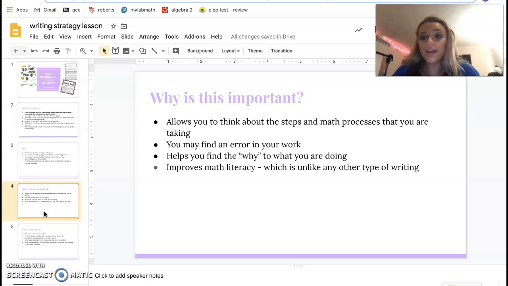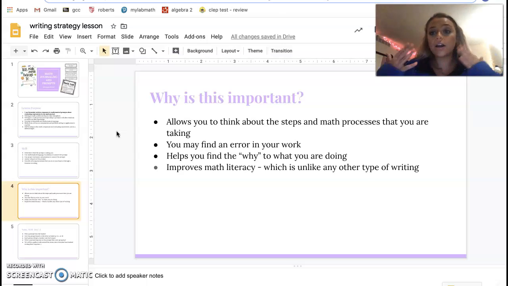I just thought about every move I was making to evaluate that expression, which I probably could have done in 2 seconds normally. And prompts will not always be to describe the steps. That was an example, and that's what we're doing today. But they will be very different each day. They are going to get you thinking, and that is the purpose of them.